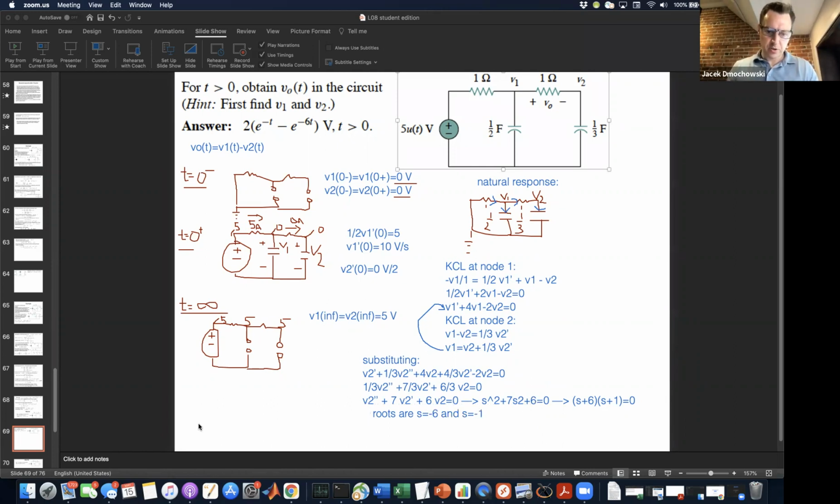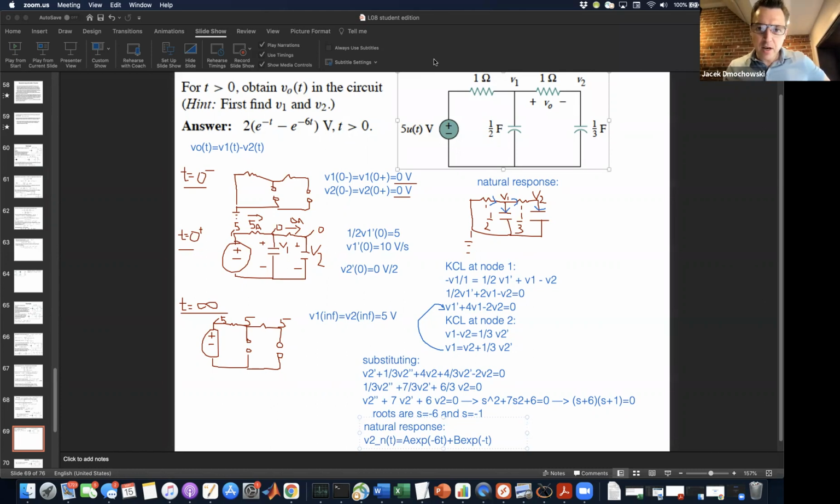And so the natural response, this is for V2, is going to be A times exponential negative 6t plus B times exponential negative t. Okay, so that's the natural response.